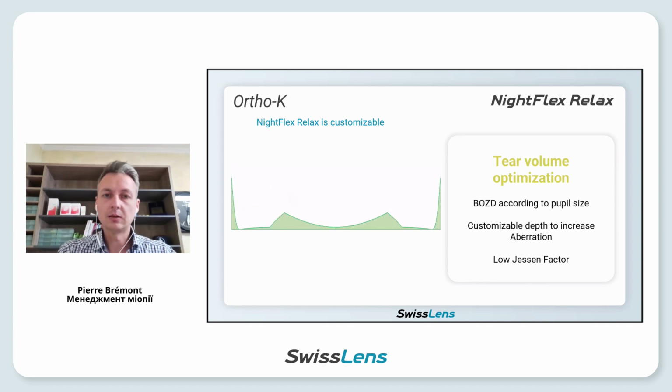It's a really good option in Ortho-K for low myopia patients, with personalized Ortho-K lenses. And we keep a low Jessen factor, so the accommodation over the day is low. We don't make it too high, so there is no accommodative response.